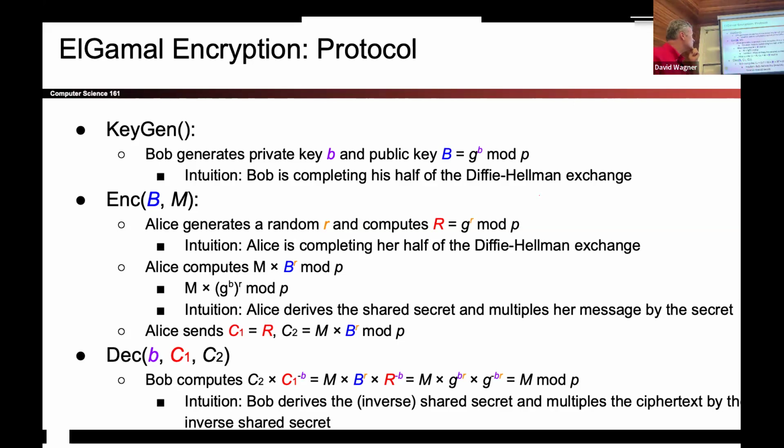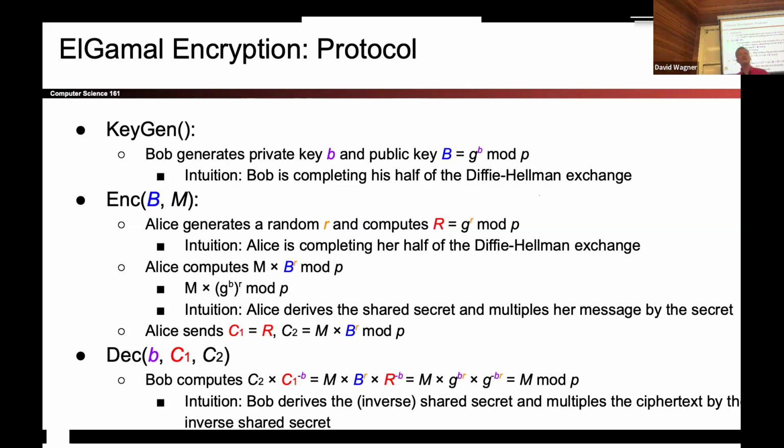And then to encrypt, the ciphertext is this C2 value. Alice takes her message M and multiplies it by that shared secret value mod P. This is in place of XOR, multiply mod P. And then to decrypt, Bob gets that C2 value.